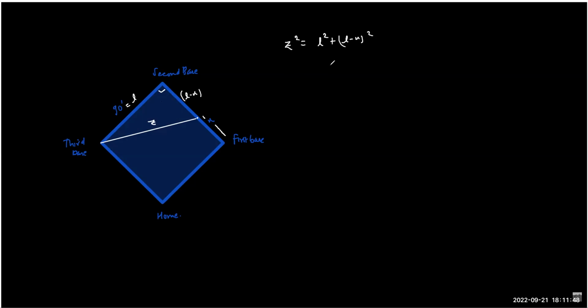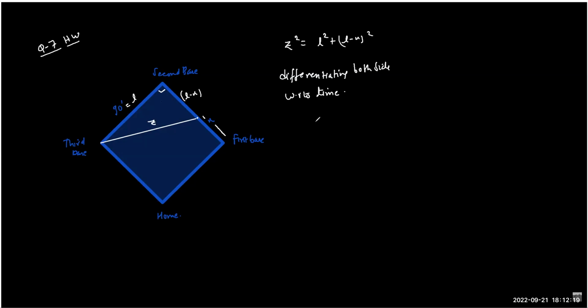So can we differentiate this with respect to time, both sides? Differentiating both sides with respect to time. If you differentiate both sides with time, what will you get?